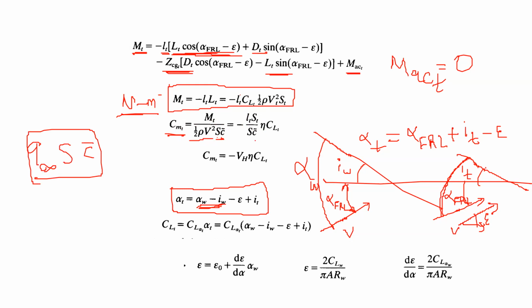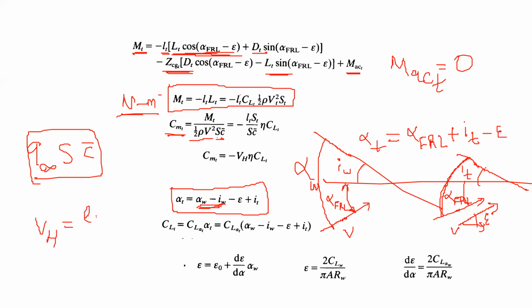So this S C bar appears here. So this ratio appears. This ratio has a name. What do they call it? VH? Volume fraction of the tail, yeah, something like that. They call it volume fraction or volume ratio, the horizontal tail volume ratio.